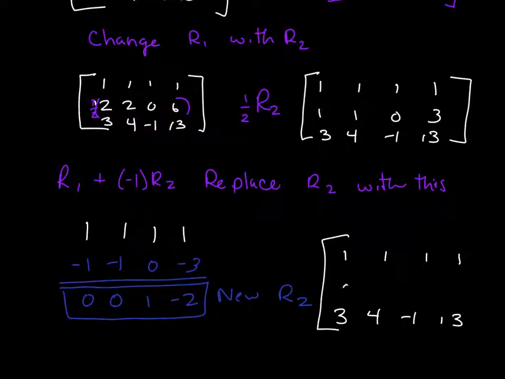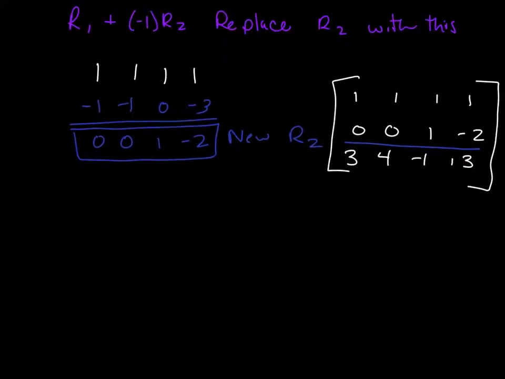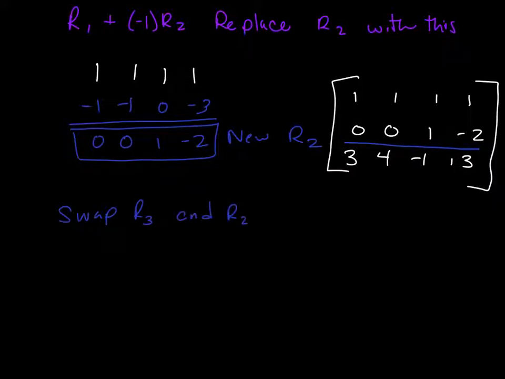But my new row 2 is 0, 0, 1, -2. And this is extremely helpful because let's look to see what this means here. I'm going to go ahead and change the order with this matrix and swap row 3 and row 2 around.